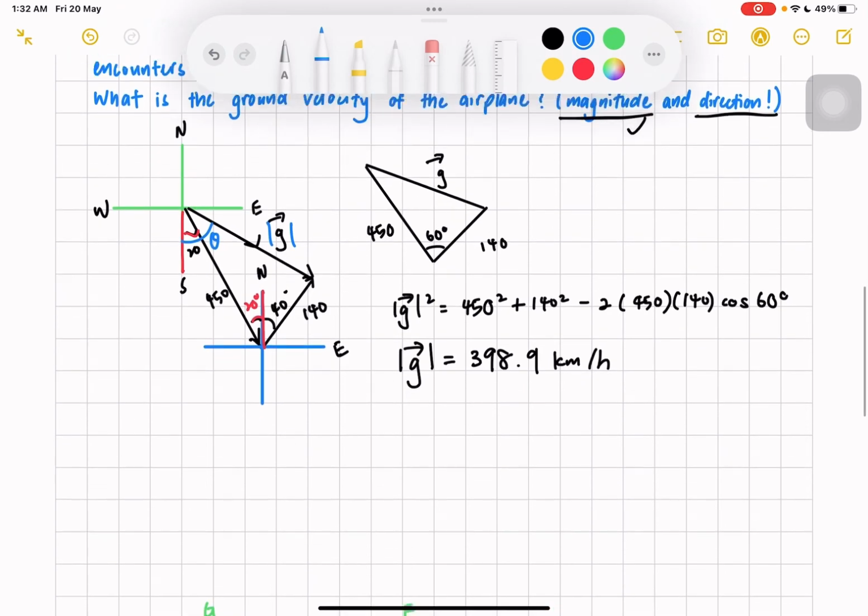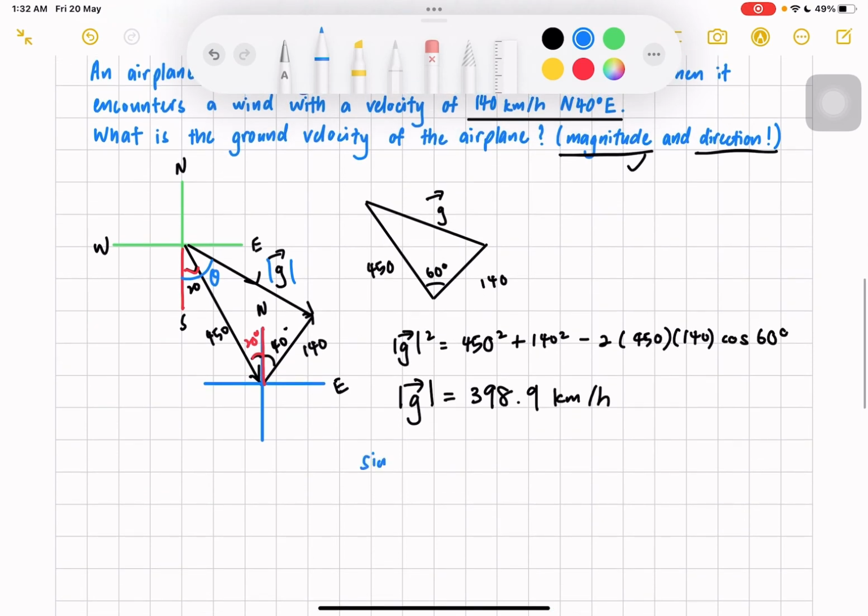So let us say sine theta over 140 equals sine 60 over the value that we found, 398.9.